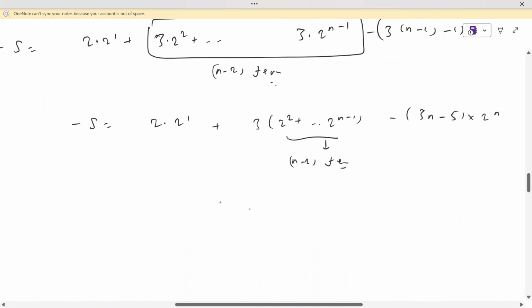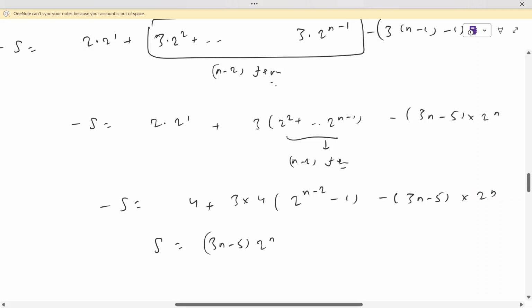So this will be 3 into 4 plus 3 into 4 into 2 to the power n minus 2, a into r to the power n minus 1, this one, and minus 3n minus 5 into 2 to the power n. This is minus S. So when I multiply, we get 3n minus 5 into 2 to the power n minus 12 into 2 to the power n minus 2 minus 1 minus 4.